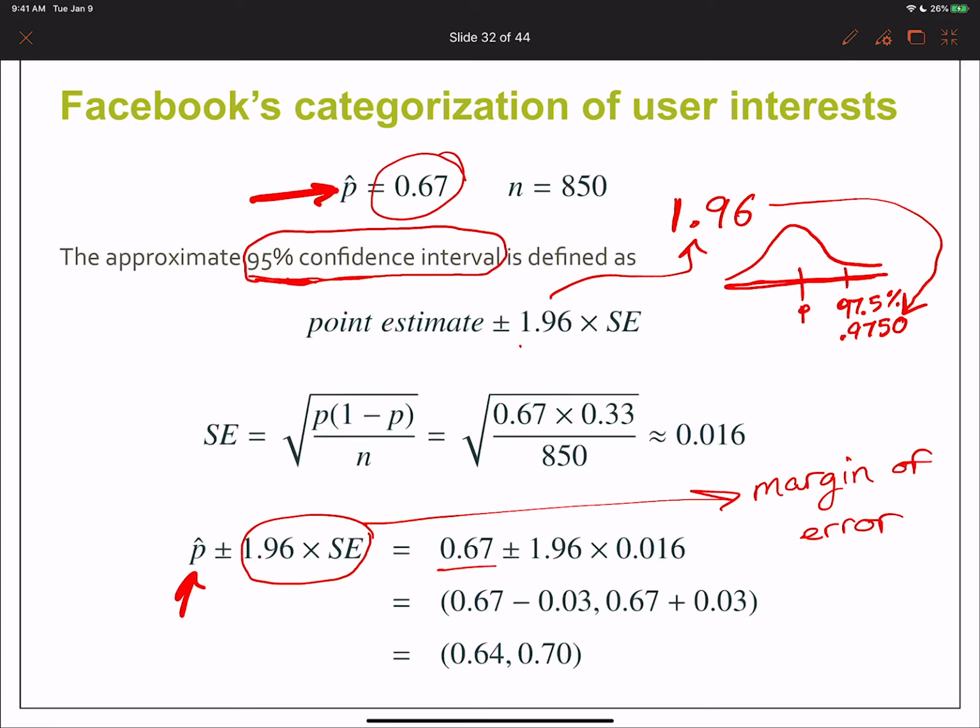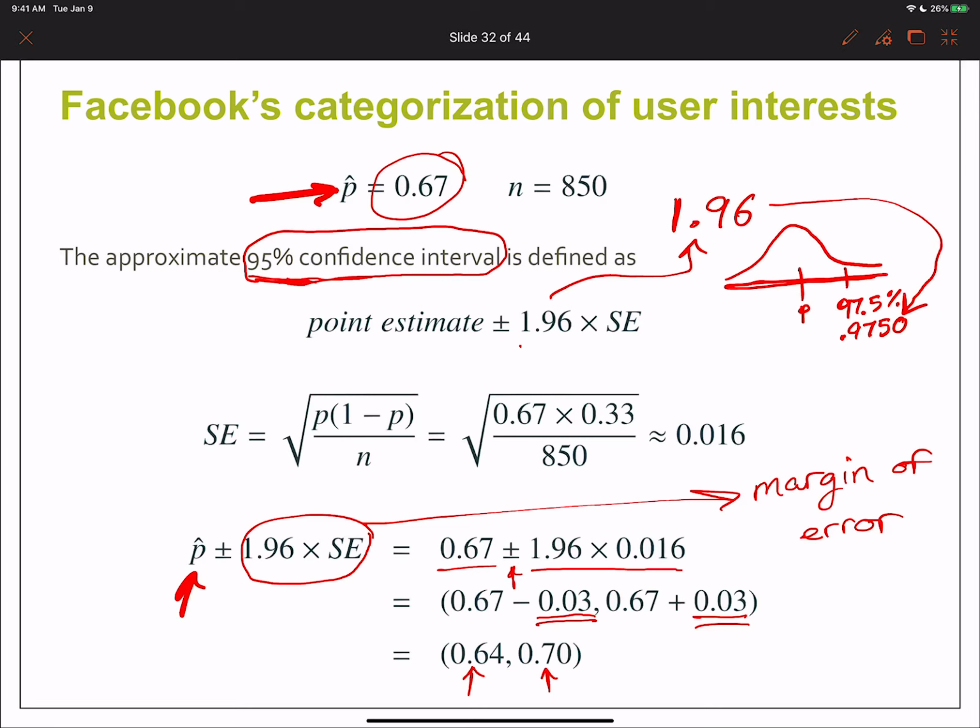So they did 0.67 minus it, 0.67 plus the margin of error. And what we're saying is that the actual number should be between 0.64 and 0.7. Does that make sense?